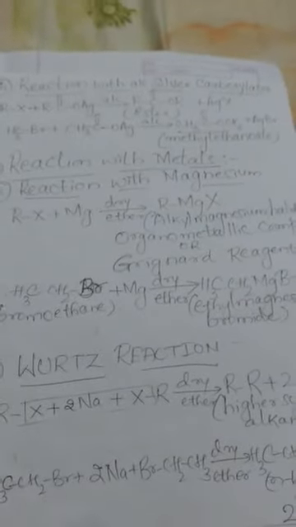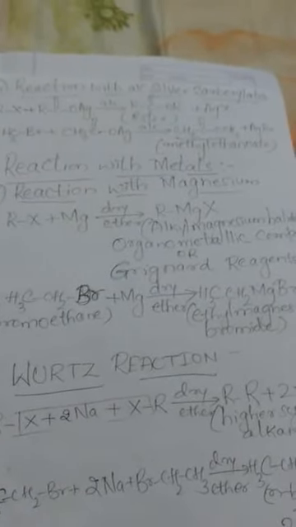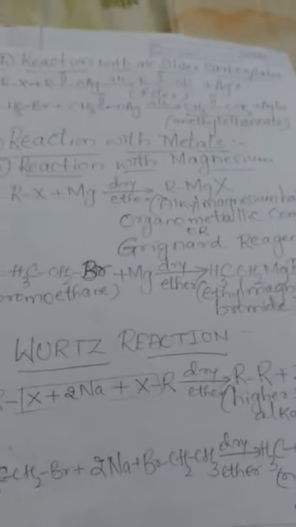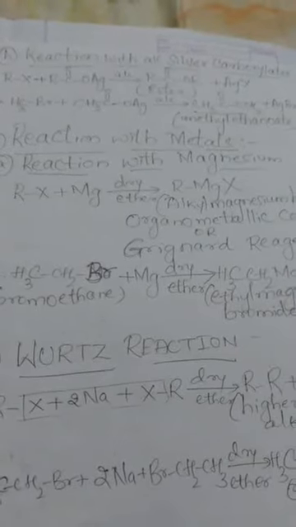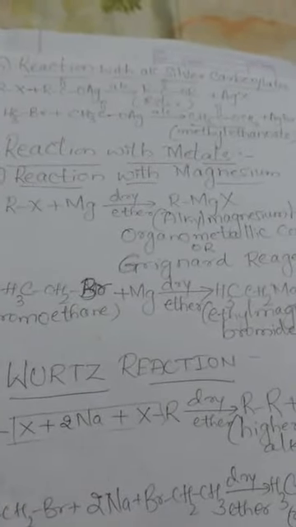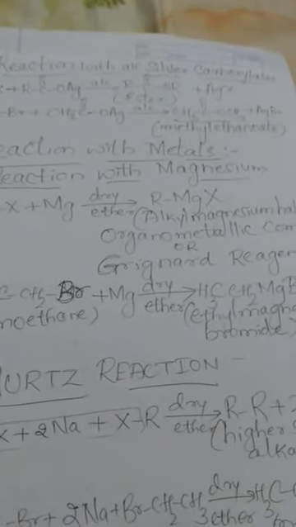Now the next set of reactions are reactions with metals. Two important reactions: reaction with magnesium metal and reaction with sodium metal. Let us look at the first reaction, that is reaction with magnesium. This is a very important reaction wherein alkyl halides react with magnesium in dry ether medium.